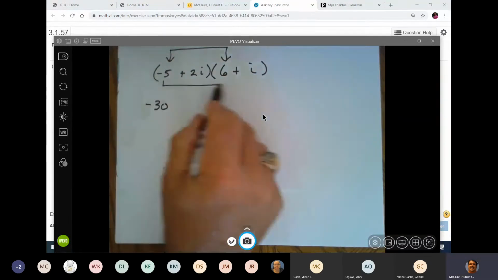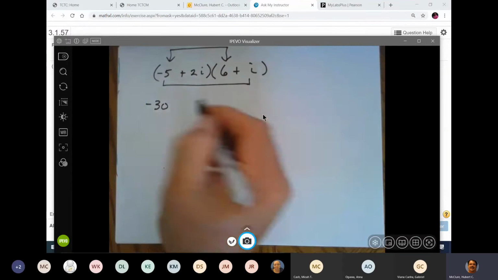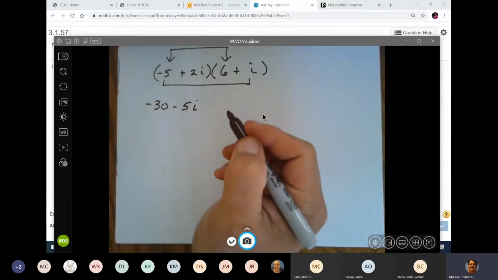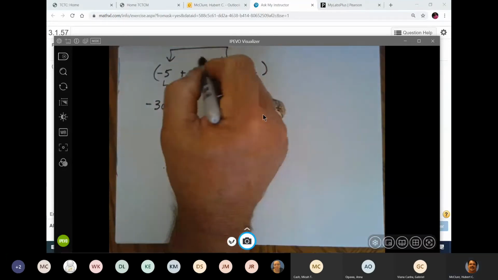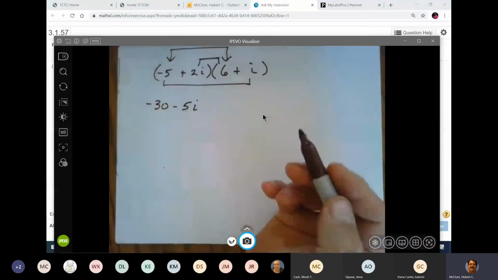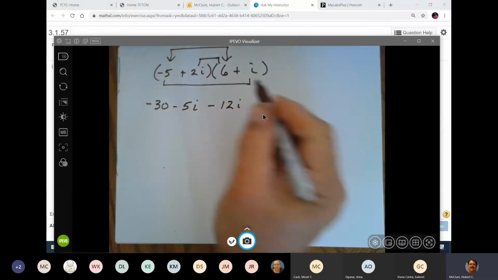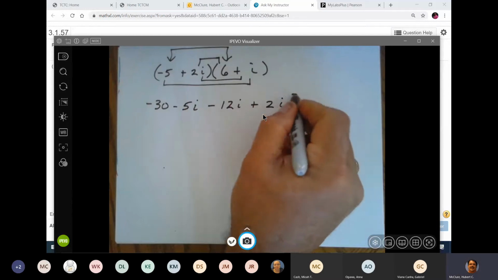Outer, or if you're not from around here, outside: negative 5i. Inner or inside: minus 12i. And last: plus 2i squared.